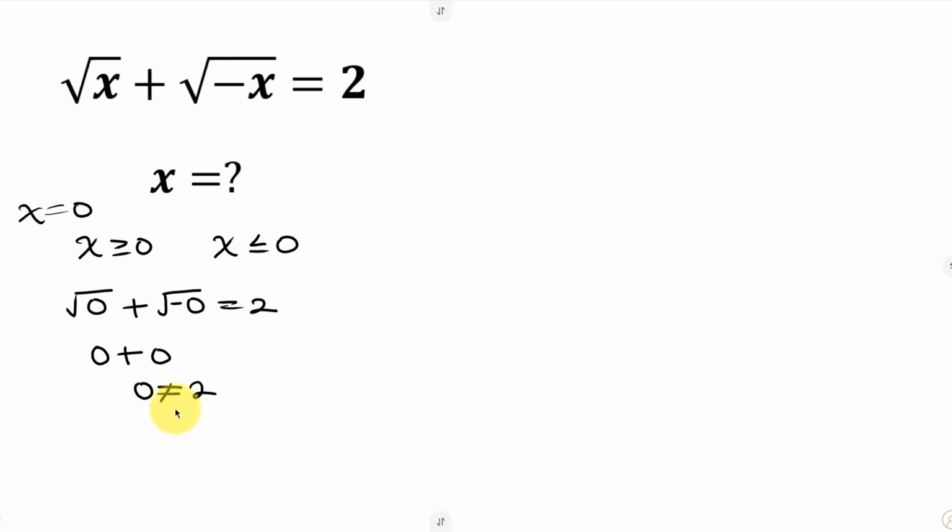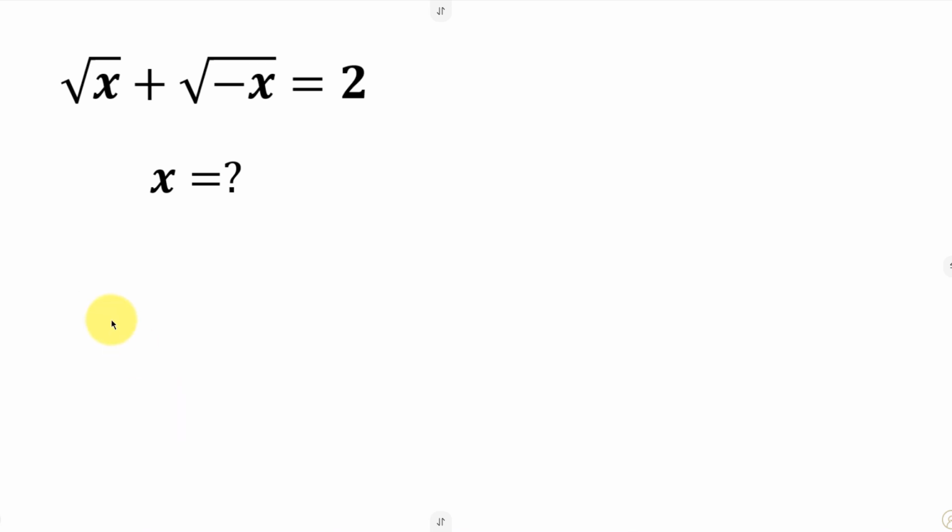That means we're going to be finding just a complex solution to this question. So finding a complex solution, we have to take the square of both sides. So we have the square root of x plus the square root of negative x equal to 2. I'm going to be taking the square of the left, and I'll also take the square of the right.